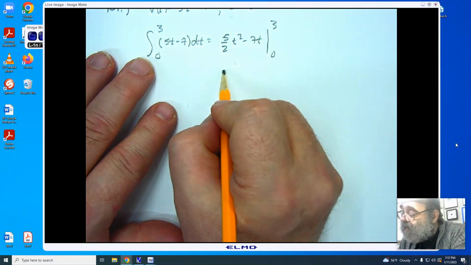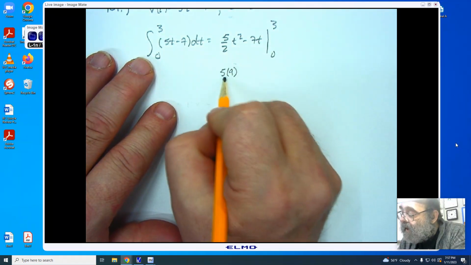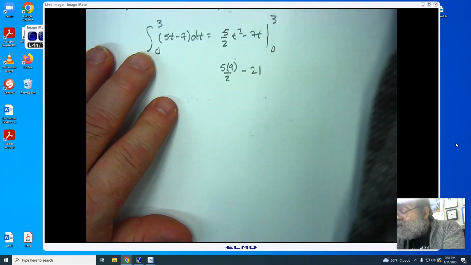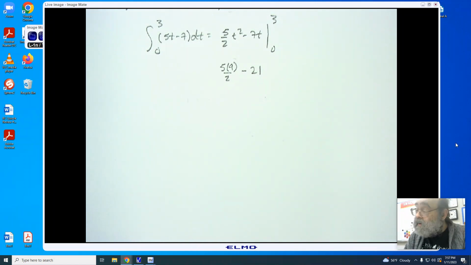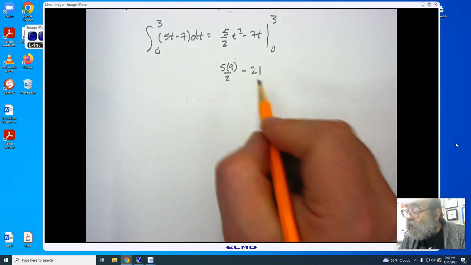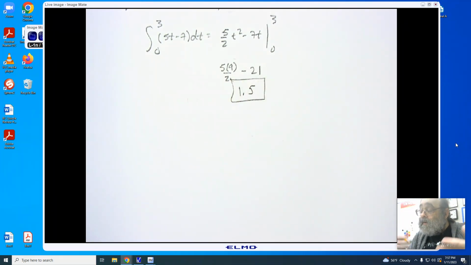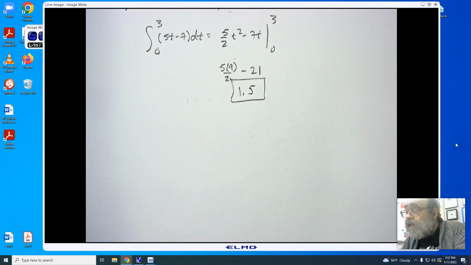Plugging in the 3 is giving me 5 times 9 divided by 2 minus 21. 5 times 9, let's just go ahead and quickly use 45 divided by 2. And 45 divided by 2 minus 21 gives me 1.5. The horizontal displacement is 1.5.